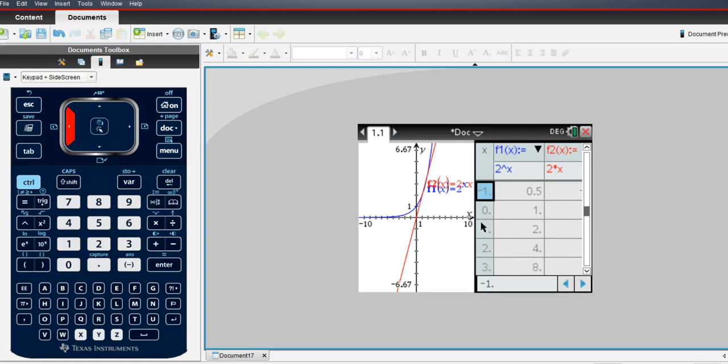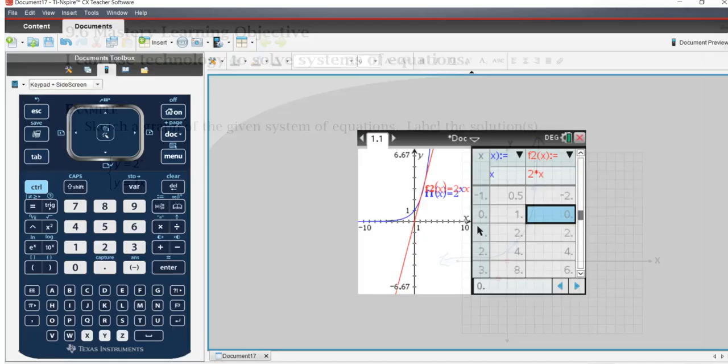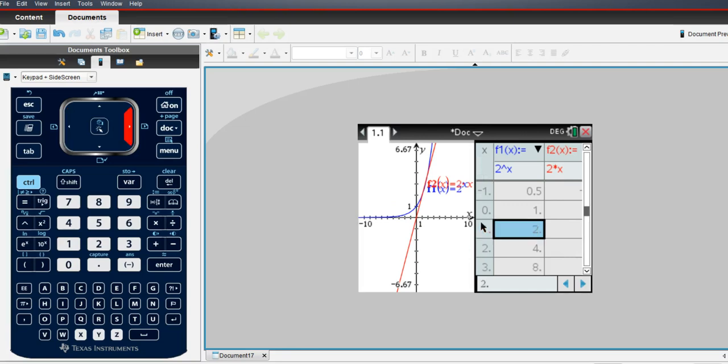Our next point was 0, 0. Our next point is, here's our x, 1, 2.